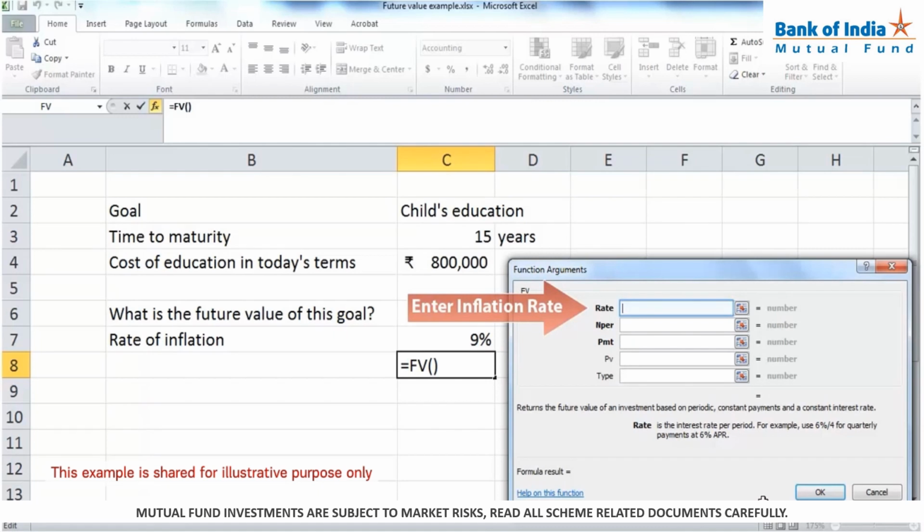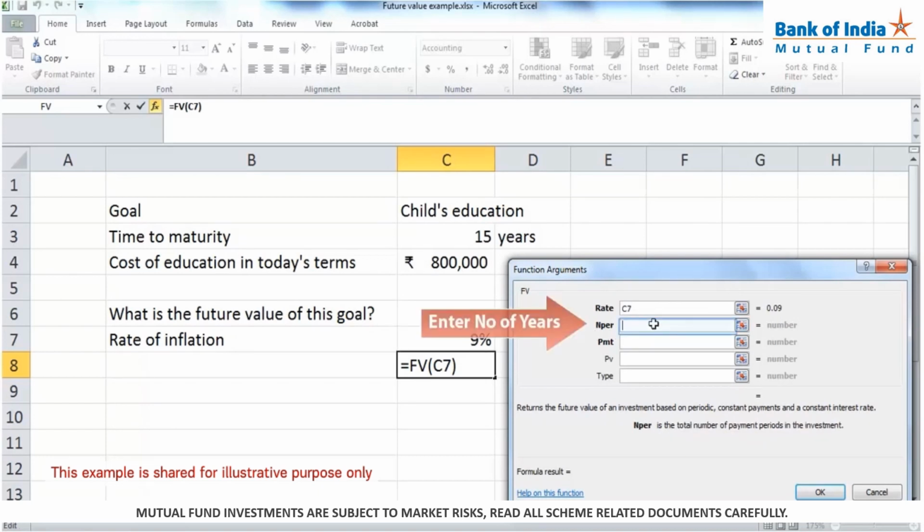Enter the inflation rate here. Against NPER, enter the period after which the amount is needed. The next parameter, PMT, can be skipped.